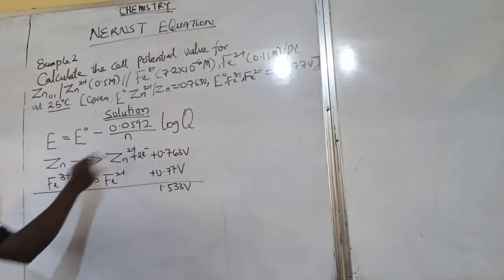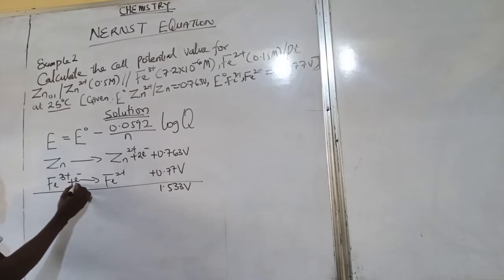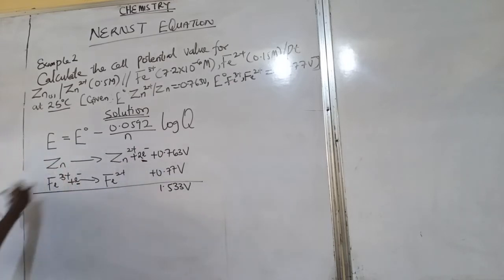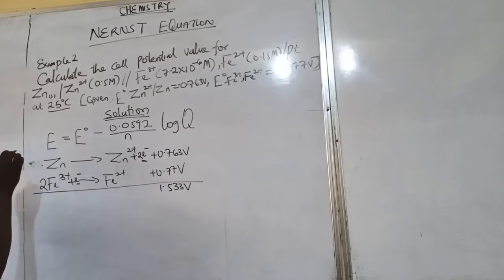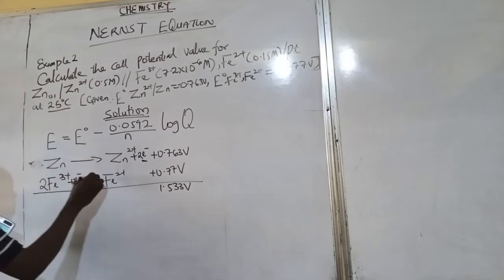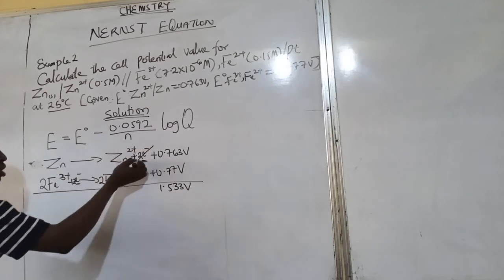As you can see right here, now to balance this and add them up to have your overall, you make sure that the electrons are the same. Here you're having one electron, here you're having two electrons. So multiply as we did earlier: here becomes times 1, here becomes times 2. Times 1, here remains the same; times 2, here becomes 2, here becomes also 2. So at last, this one will cancel this one.